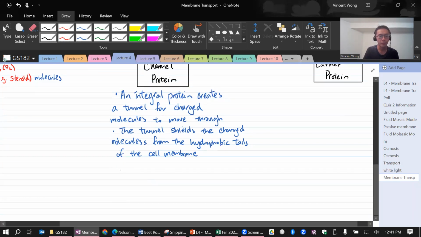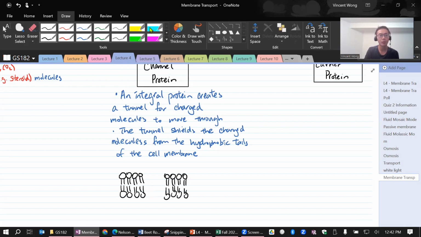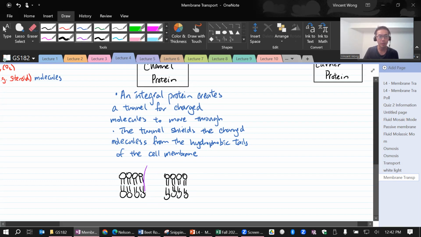I can draw this out for you. Right? You probably are very familiar with this drawing by now. This is the phospholipid bilayer, and you have all these hydrophobic tails that are sandwiched in between, right? So if you have a charged particle, they won't be able to go through, which is why we are going to need a channel protein.